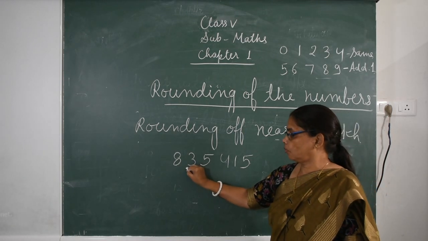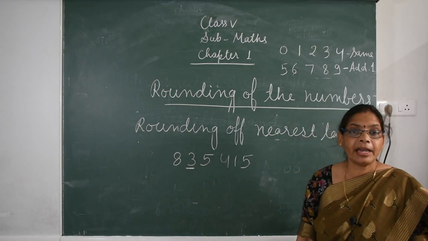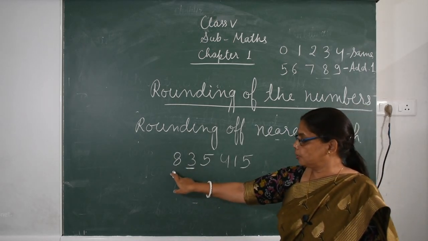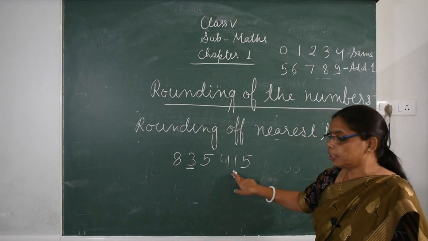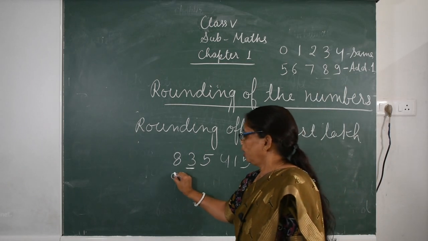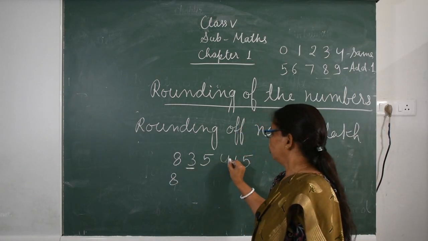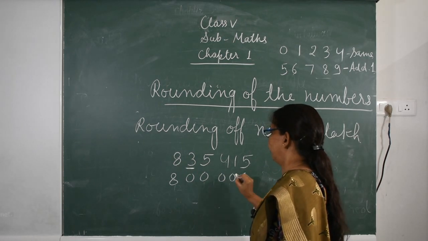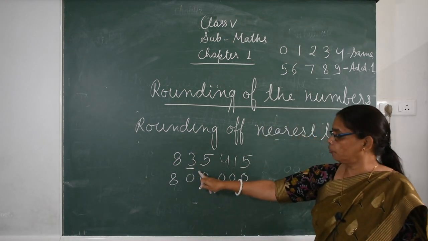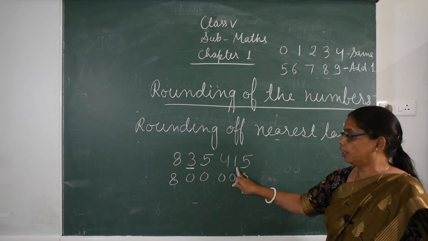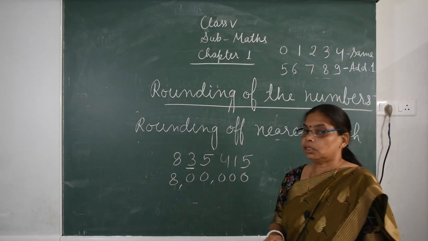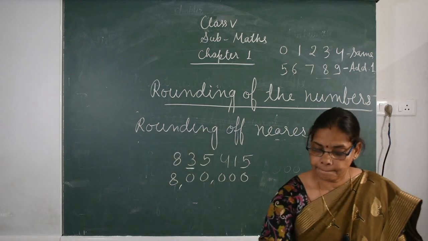These three. Is this one less than 5 or greater than 5? This is less than 5. So this number is the same and we put all the digits 0. So 8 is the same and 1, 2, 3, 4, 5 become 0. So 8,35,415 is nearest to 8 lakh.